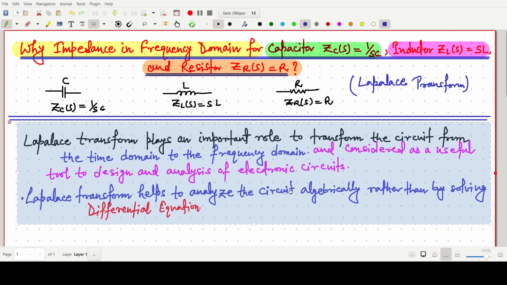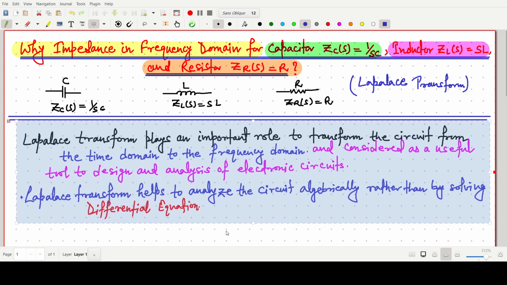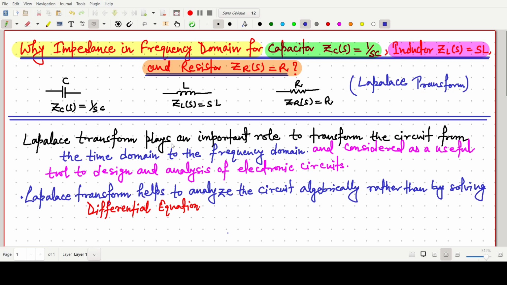I have already written here the statement that the Laplace transform plays an important role to transform the circuit from the time domain to the frequency domain, and is considered a useful technique to analyze the electronic circuit.